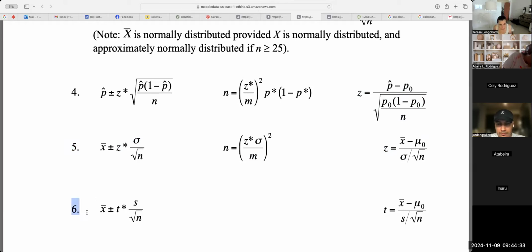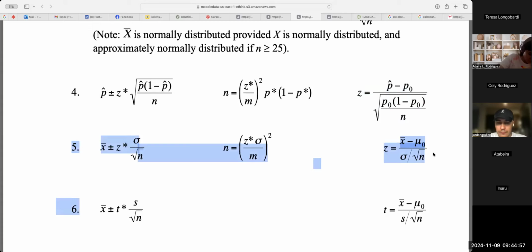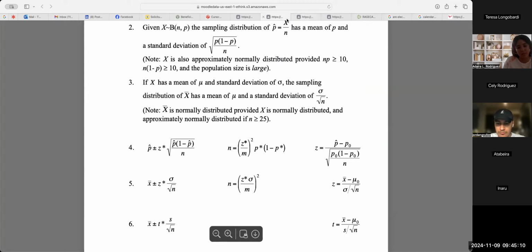And 6 is more popular because usually you don't have that special information about something like the population standard deviation. All right, so write that down. You should use 5. 5 is better because you're using the actual real population standard deviation. Okay, so those are the main things I want to say to you.